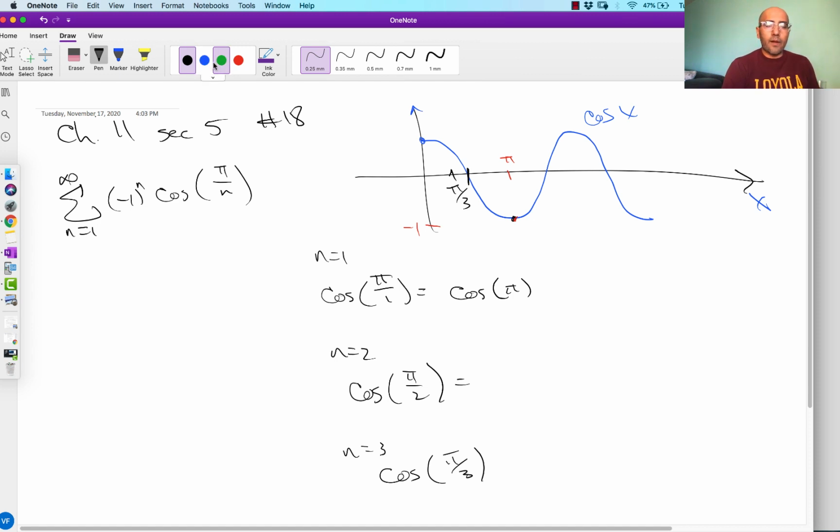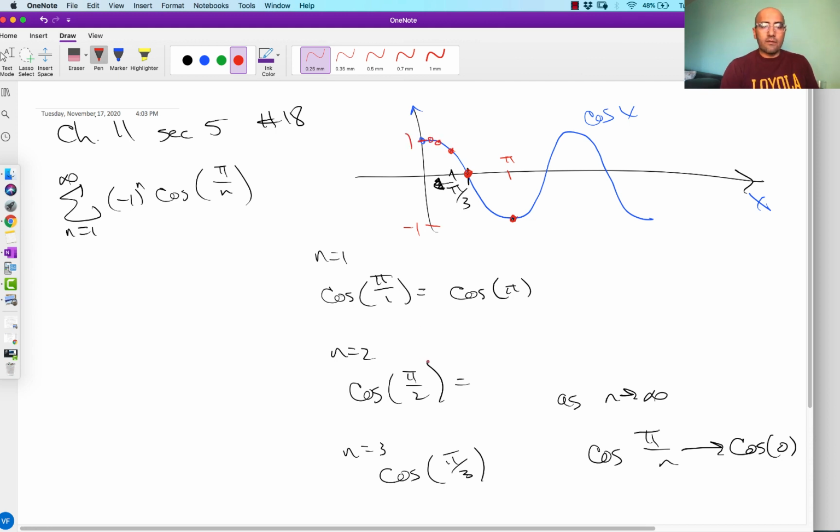My point is that as n goes to infinity, cosine of pi over n is going to approach cosine of 0. The pi over n is getting closer and closer to 0, so these values on our cosine are getting closer and closer to 1.